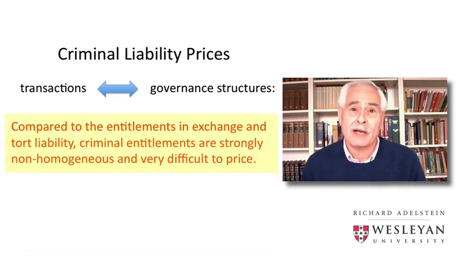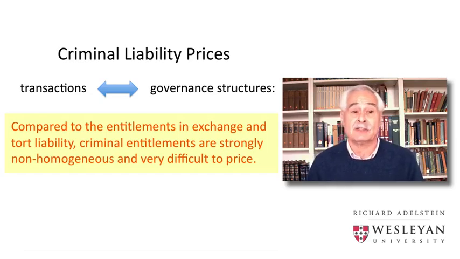And so, compared to the entitlements in free exchange and in tort liability, criminal entitlements are strongly non-homogeneous, and as a result of their non-homogeneity and the subjectivity of moral costs, criminal entitlements are very difficult to price in the liability system. It's very difficult to determine what the appropriate price to be brought back to any offender will be, the price that perfectly or close to perfectly internalizes the moral costs generated by that offender's offense.